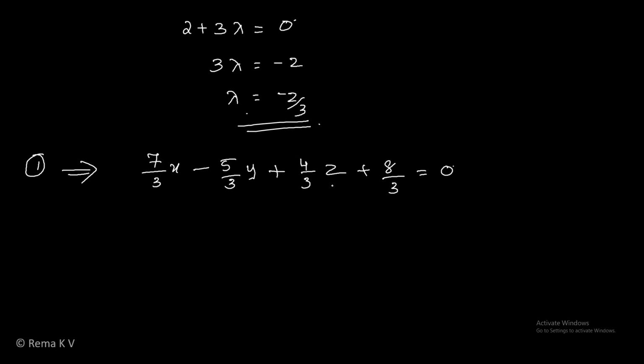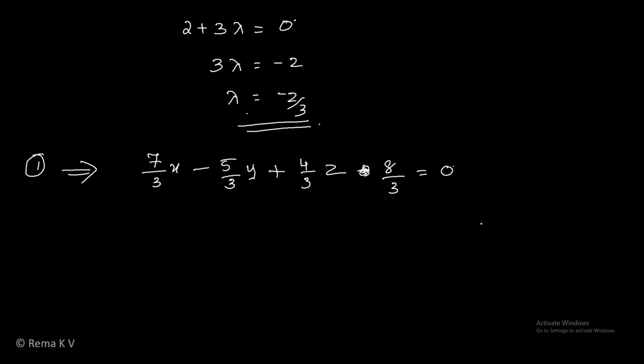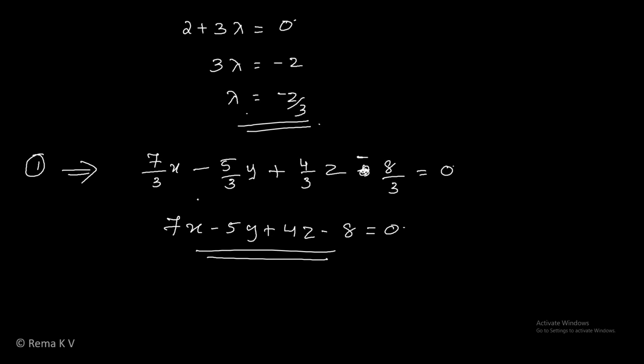Isn't it? Plus 8 by 3, or it is minus 8 by 3, I think. Okay, it is minus 8 by 3 equal to 0, and multiplying with 3, we can write this as 7x minus 5y plus 4z minus 8 equal to 0. This is the equation of the plane passing through the intersection of the given planes.